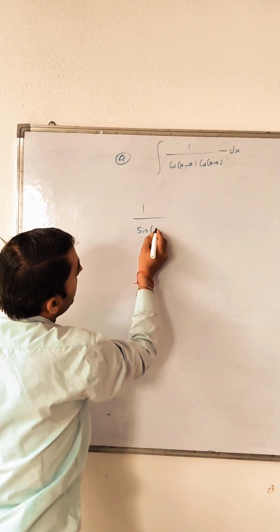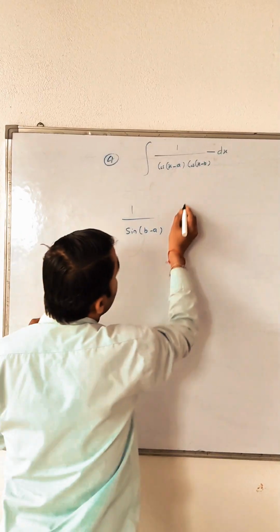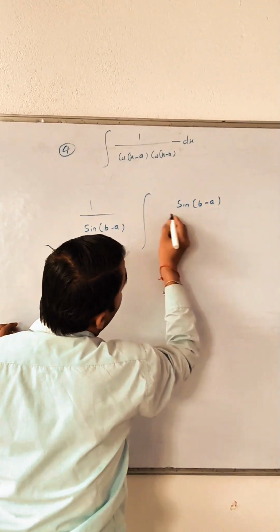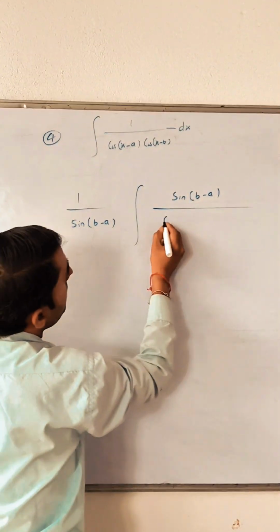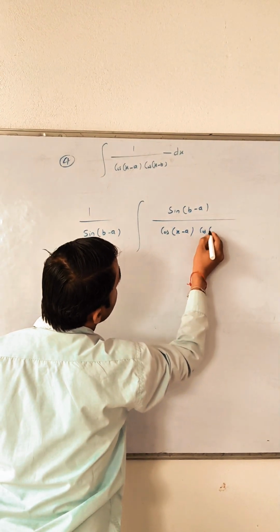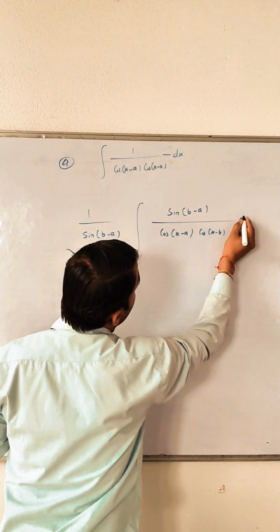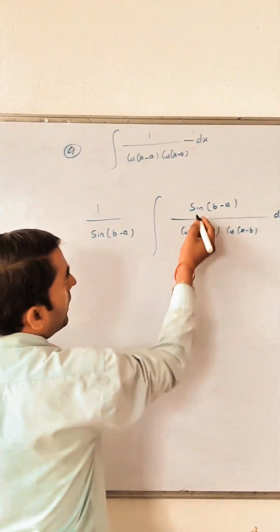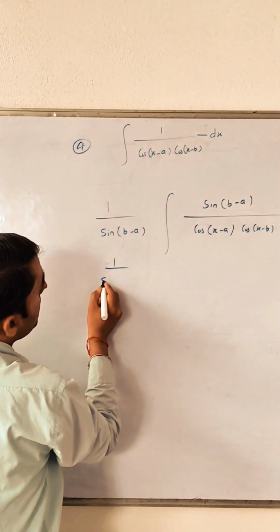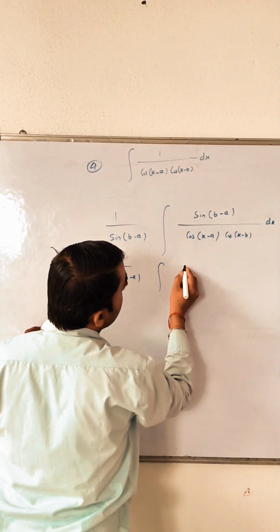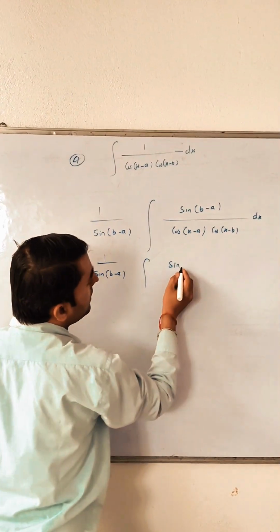Now you know that if you multiply by any number in this, there is no formula for finding this. That is why you have to multiply by sin(b minus a) here and also by sin(b minus a) here, and also by cos(x minus a) and cos(x minus b) in the denominator, dx.